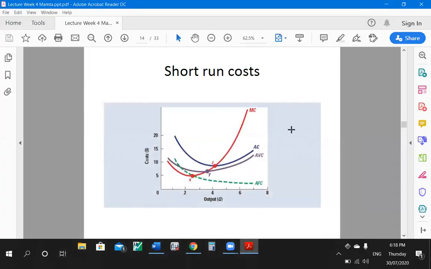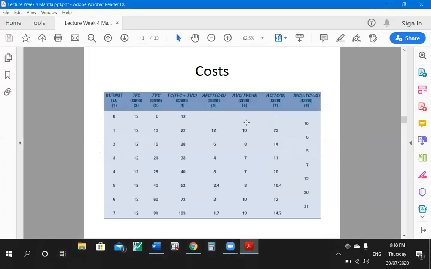I'll show you here too. Average total cost here, see, 12, 14. How much is total cost for the first one? 22. So the first item cost them $22. Second item cost them $28.